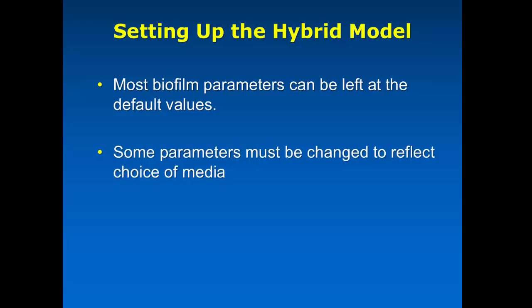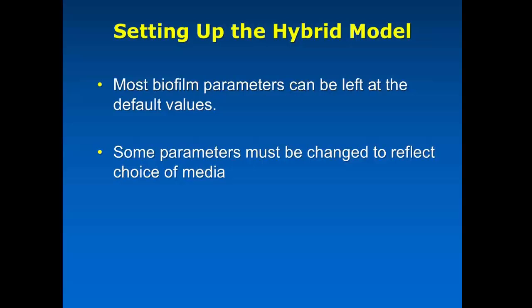You do have to change some of the configuration ones, though, in the physical menu, such as the specific surface area, which is a real obvious one. If you have one vendor's type of media, they might have a bigger specific surface area than another type. We have, I think, 500 meters squared per meter cubed as our default. You may find that you have to change that higher or lower.